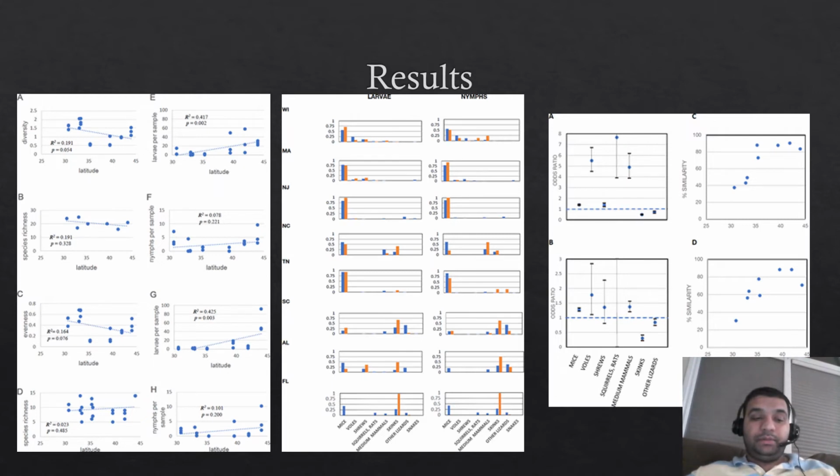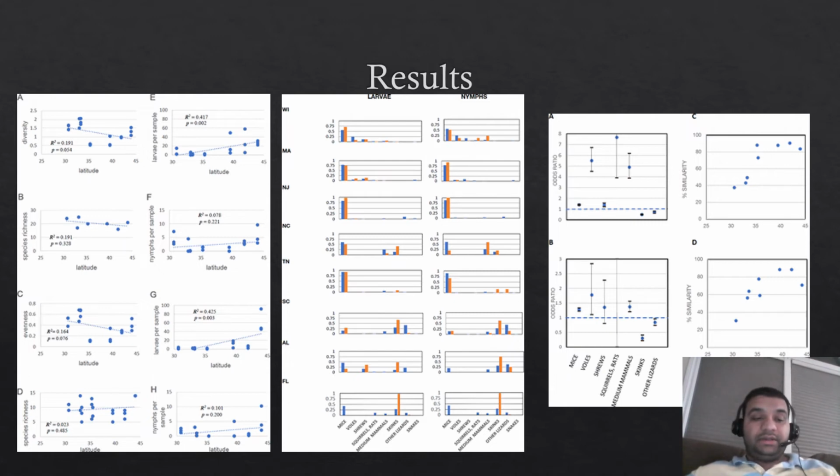You will see in most of the southern states it normally stays more towards reptiles for both larvae and nymphs. As you get into the more northern states, it's small mammals. So another difference is the host selection.